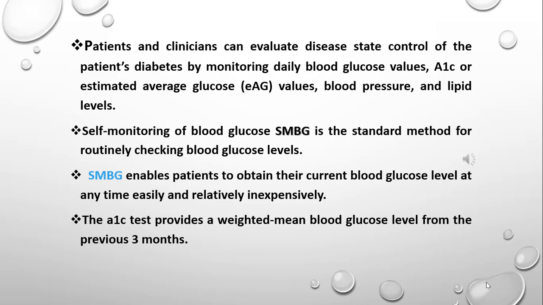SMBG enables patients to obtain their current blood glucose levels at any time easily and relatively inexpensively because SMBG can be done at home without any problem to the patient. The A1C test provides a weighted mean of blood glucose level from the previous 3 months, and this test should be done every 3 months if the patient is dependent on insulin.